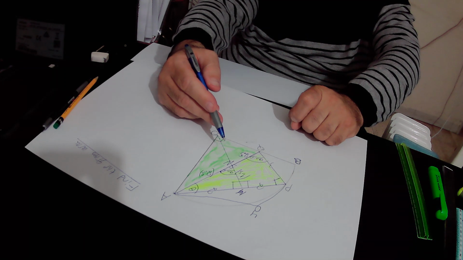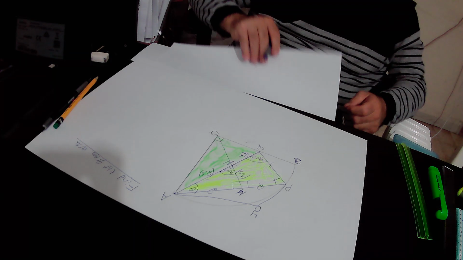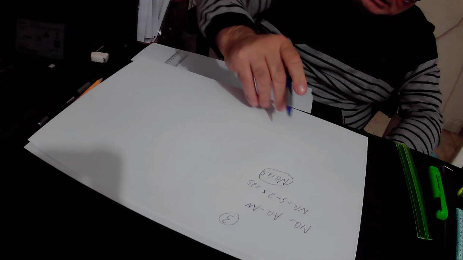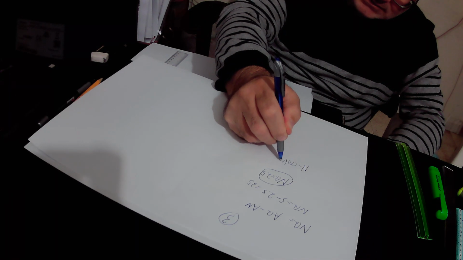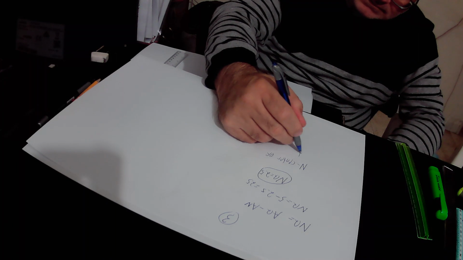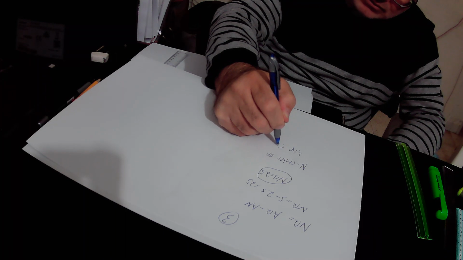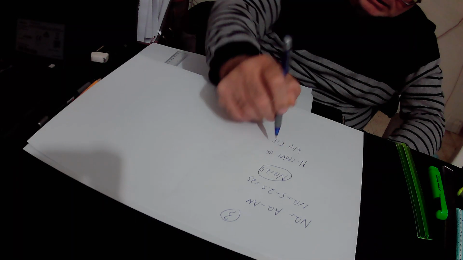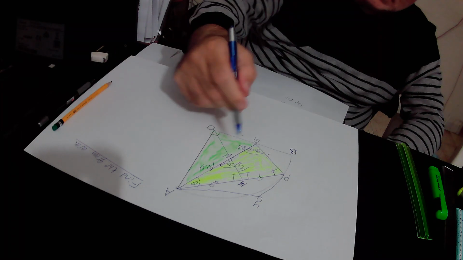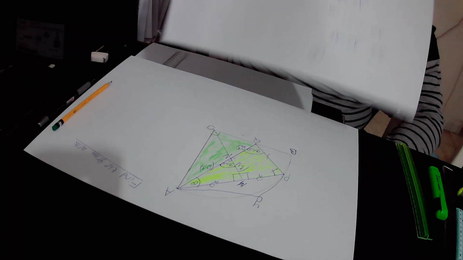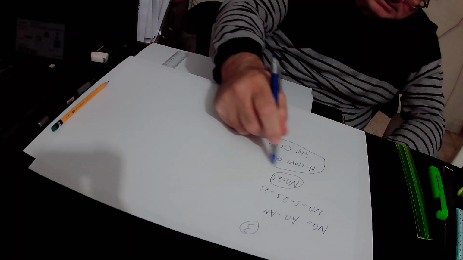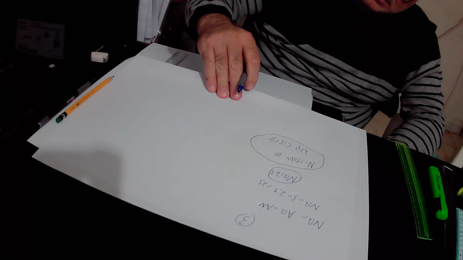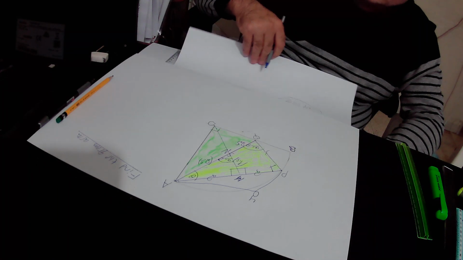Write it down: N is the center of the circle that I drew around triangle AOQ, this right triangle. Again, N is the center of the circle.